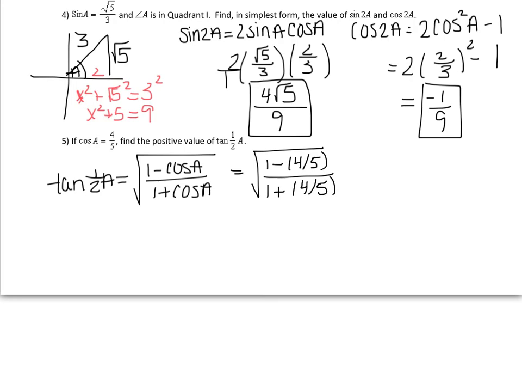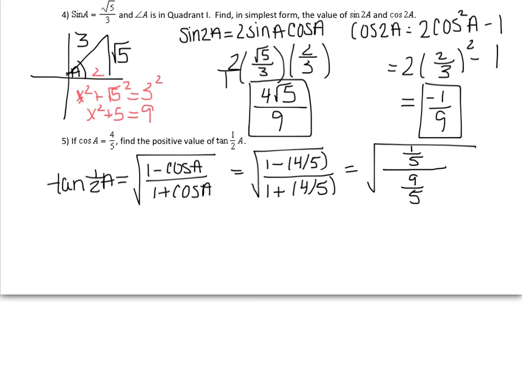Again, just like everything, wait on the radical till the last step and put the top in just the way you see it. 1 minus parentheses 4 over 5, close parentheses. Hit enter and get me a reduced fraction. You should get 1/5. Do the bottom now. 1 plus parentheses 4 over 5, close parentheses, get me a fraction. You should get 9 over 5.